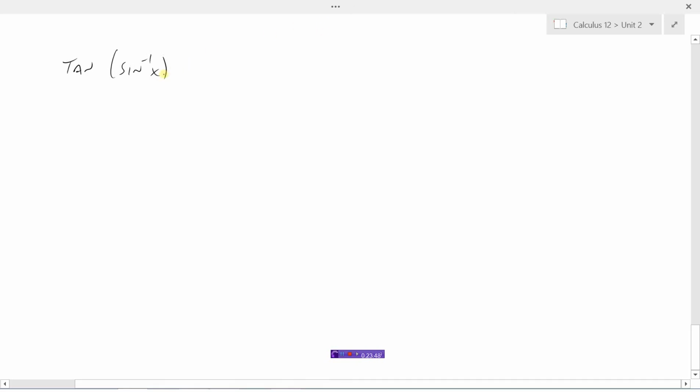So x is our ratio. There's some angle then theta where the sine ratio, which is opposite over hypotenuse, must be x over 1, because the ratio x is like x over 1. So now we've got our expression for theta here.